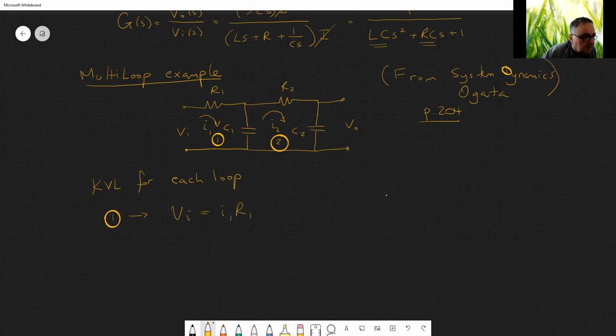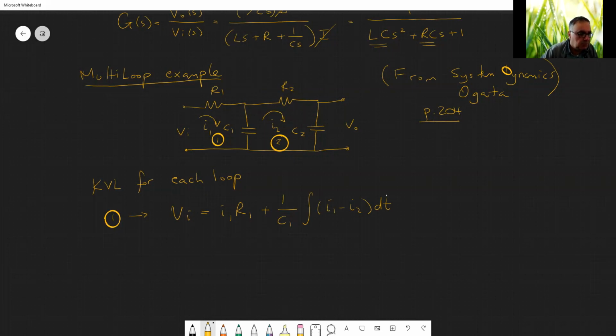Now, as you see, the current I1 goes in this direction, but there is an I2 which goes in the opposite direction. So this gives you 1 over C1 integral of I1 minus I2 dt. Yes, that's it. This is the first loop.